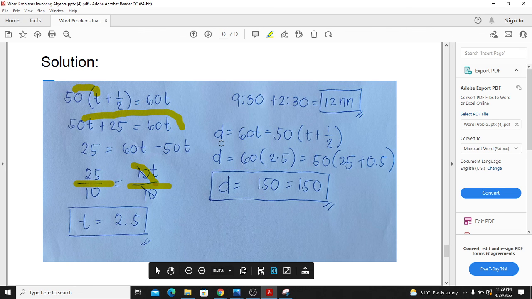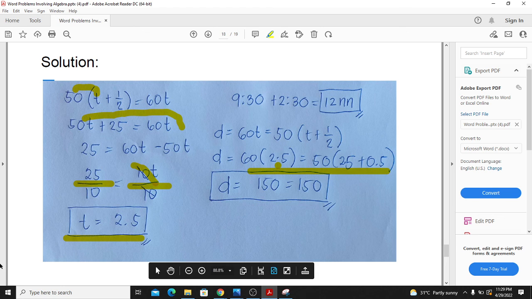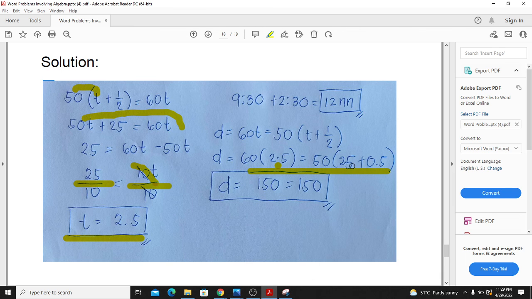Okay? So now let's get the distance. Since we now have the time, we'll just have to substitute it. So 60 times 2.5 is equal to, since they should have the equal distance because they cover the same distance as I said earlier, 50 times the quantity of 2.5 plus 0.5. One half is 0.5.